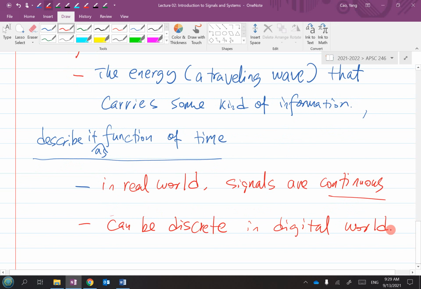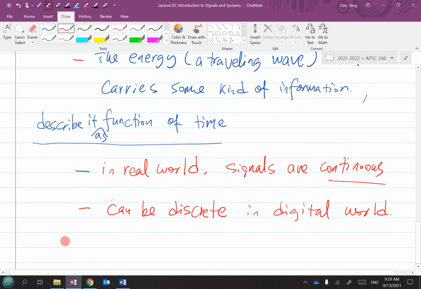A digital world is not a natural world. It's a man-made phenomenon. The computer will digitize the signal, and the CPU will process the digitized or discretized signal. After processing, it presents back to you an analog, or what we call continuous, signal. So that's a difference.